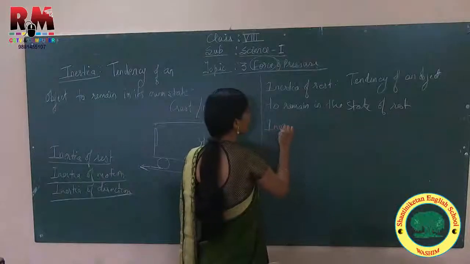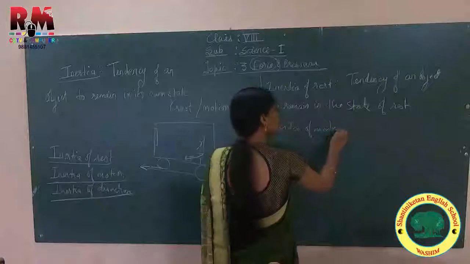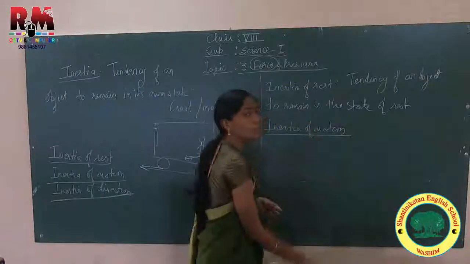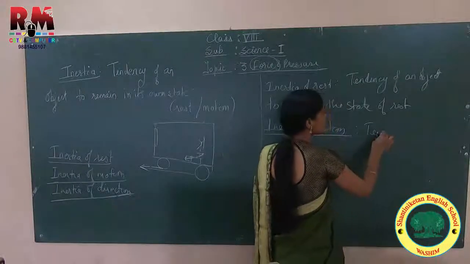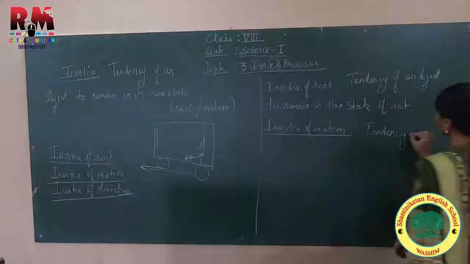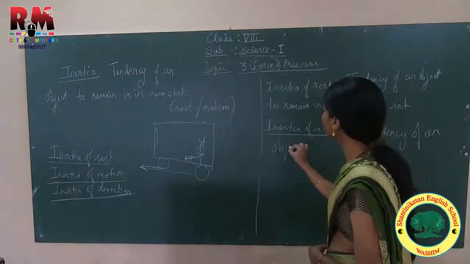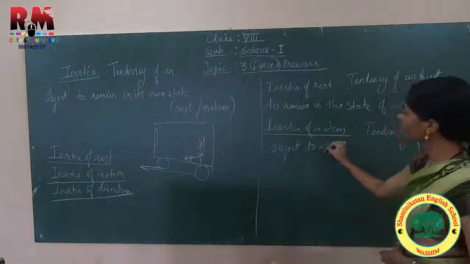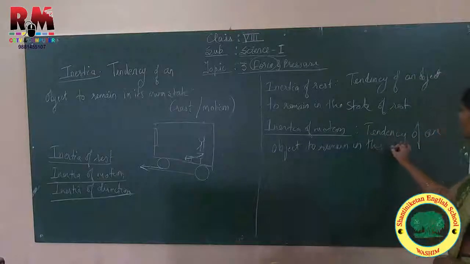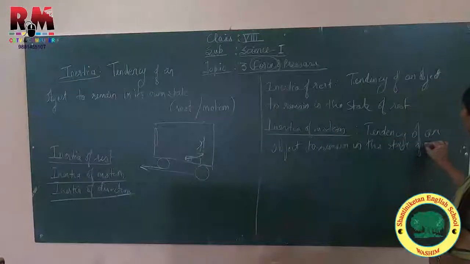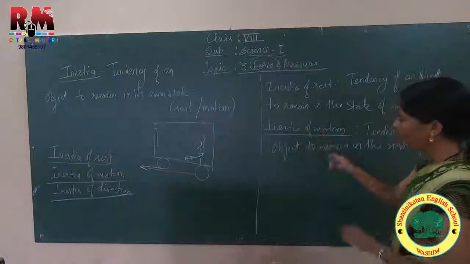Then what will be inertia of motion? Same definition. Instead of rest, the object wants to be in the state of motion. So the tendency of an object to remain in the state of motion is said to be inertia of motion.